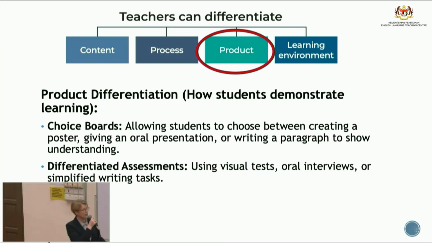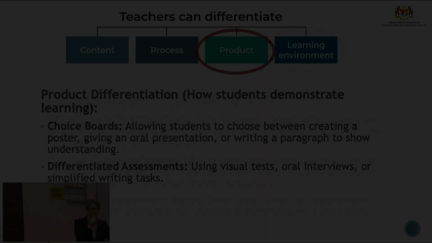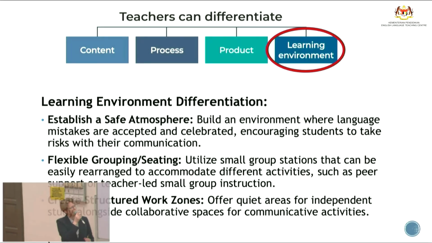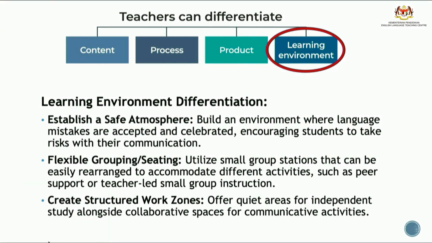Okay, differentiated assessments. So maybe you're using different ways of assessing students as well. And learning environment. So the first idea here we touched on a little bit already, creating a safe atmosphere or a safe, inclusive learning environment.